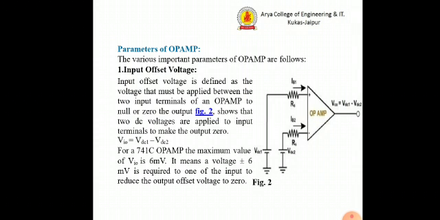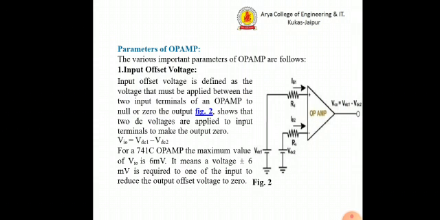For the 741C op-amp, the maximum value of input offset voltage is 6 millivolt. It means that a voltage of plus or minus 6 millivolt is required at one of the inputs to reduce the output offset voltage to 0, or you can say to perfectly match the transistor workings.